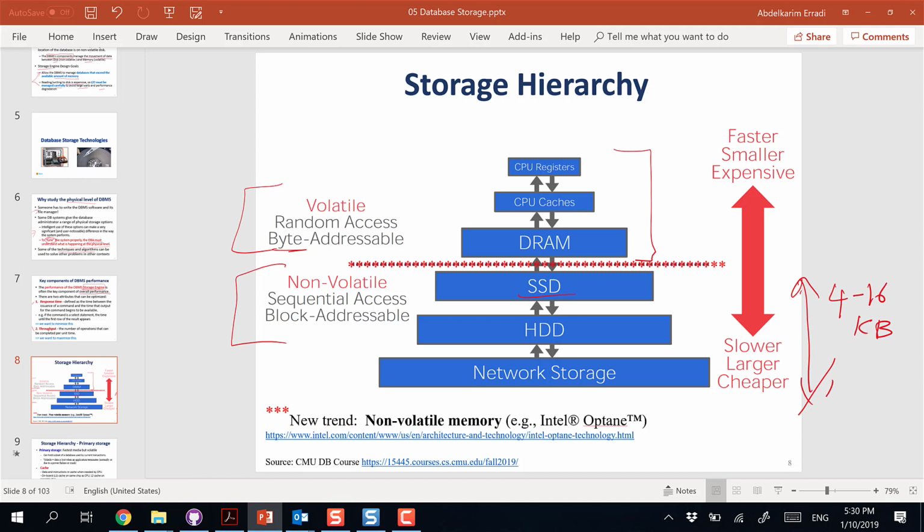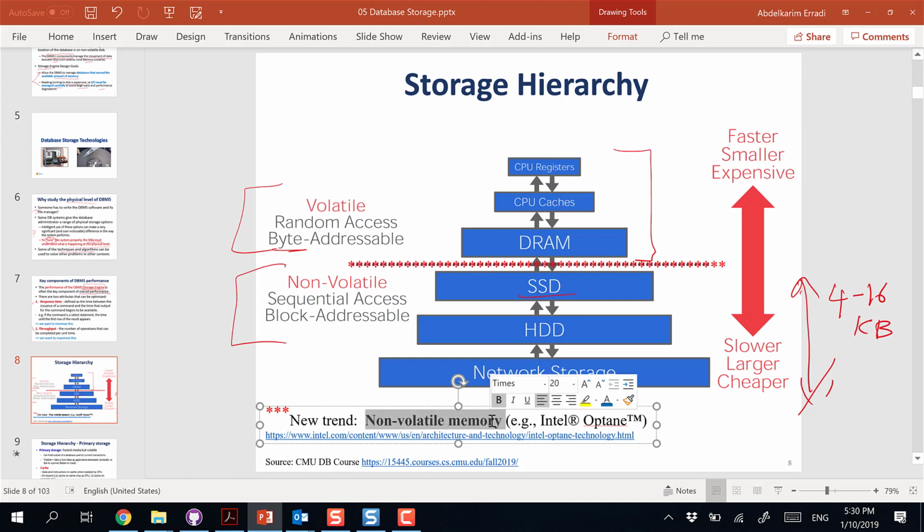And also for the future, this is more for future generation databases, there is a new type of storage which is known as non-volatile memory. This has been going on in research and development for more than 20 years. But lately, there are some products out there from Intel.